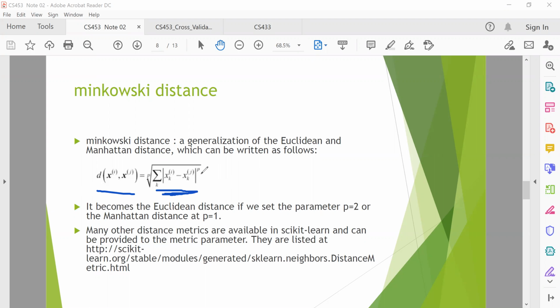You take it to the power of P, and then take the P-th root. If P is 2, then it's Euclidean distance. If P is 1, then it's Manhattan distance. And like I said, in sklearn there are many other distance metrics we can choose, so you can refer to the sklearn official documentation to find the definitions.